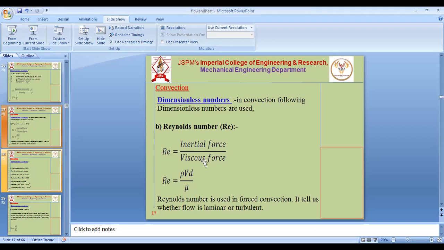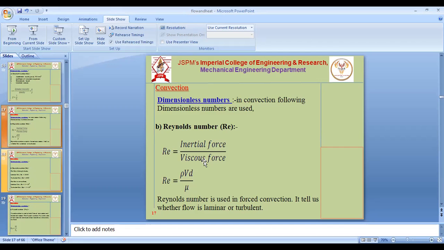We know that laminar flow is a viscous effect, so it happens at lower Reynolds number, and turbulent flow occurs at a higher Reynolds number. So Reynolds number is the one we use to describe whether the flow is laminar or turbulent in the channel, as well as for external flow.